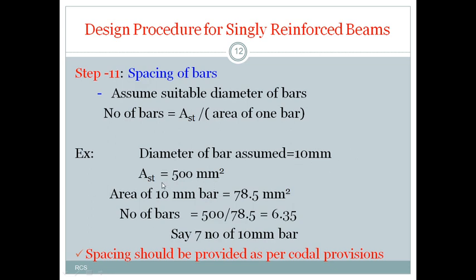The area of a 10 mm bar is 78.5 mm square, so the number of bars required is AST by area of one bar, that is 500 by 78.5, which gives 6.35. I cannot provide the bars in fractions, so I round it up to the next higher value. So 7 bars of 10 mm are provided, and spacing should be maintained as per the codal provisions given in IS 456-2000.